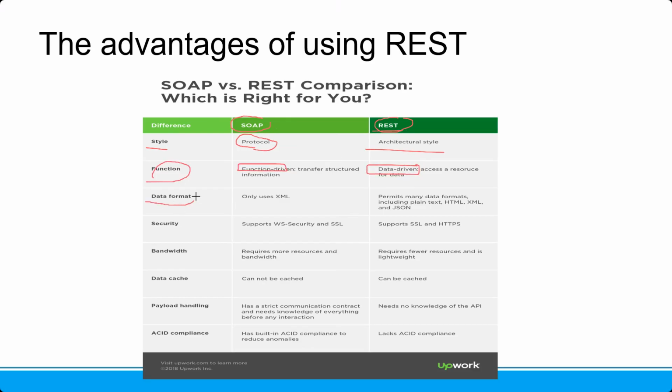And the data format only uses XML. When you use the REST API, it permits many data formats. So you can use HTML, you can use XML, you can use JSON. So that's why people now like REST API more than SOAP. The security is almost the same.